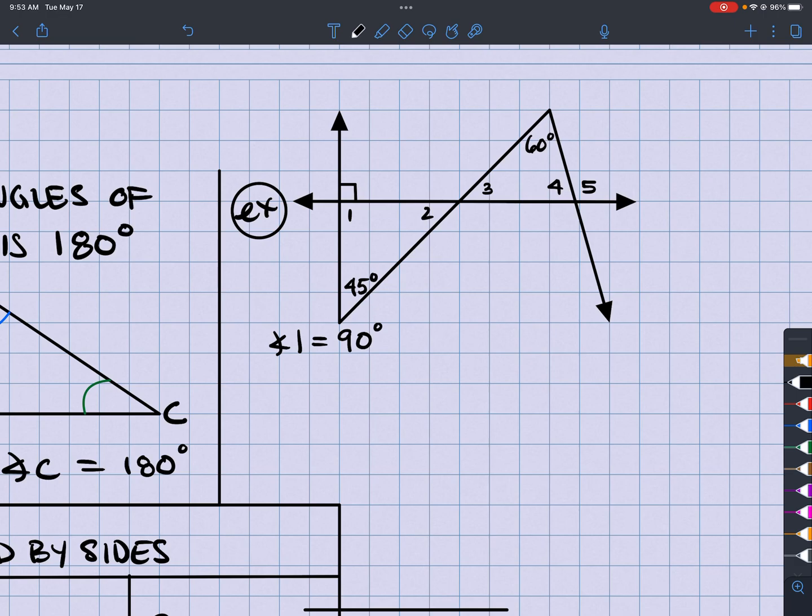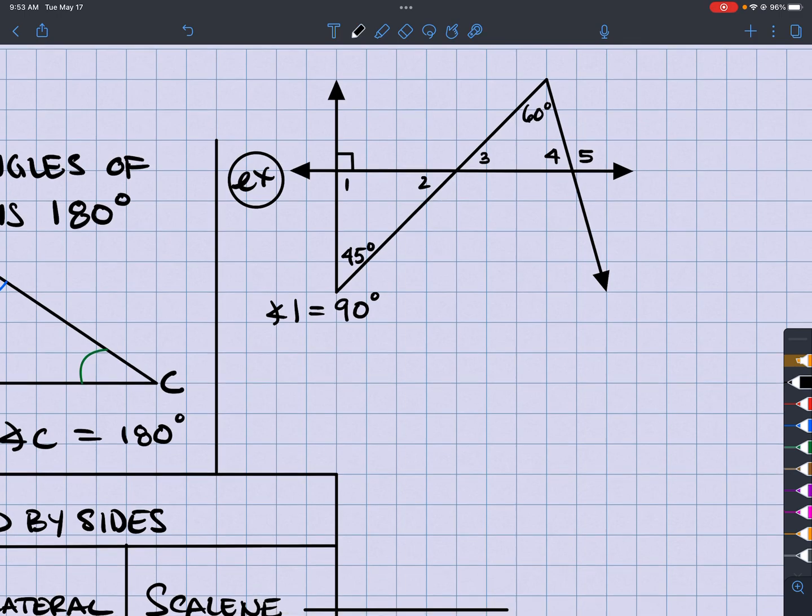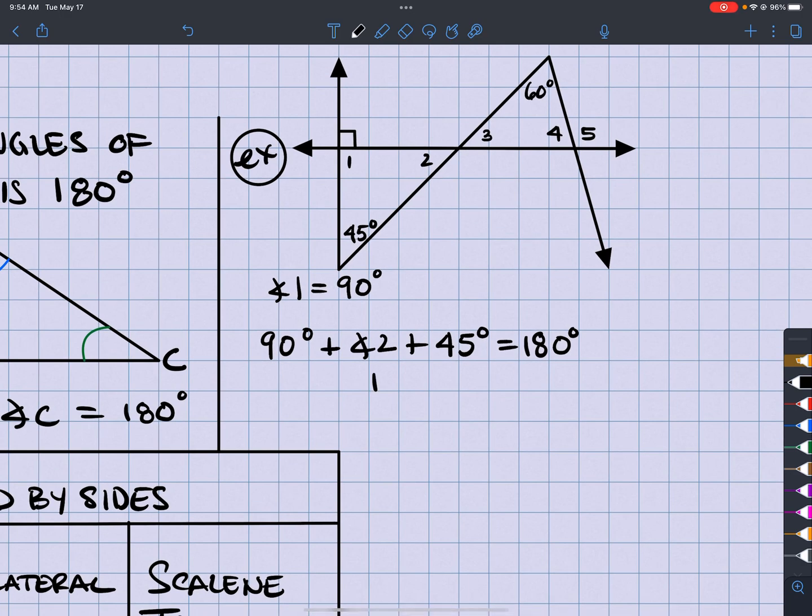Well, if angle 1 is equal to 90, then I can figure out what angle 2 is because the sum of the three angles of the triangle add up to 180. So angle 1, which is 90 degrees, plus angle 2, plus that 45 degrees, has to equal 180 degrees. So then I have, what is this? 135 degrees plus angle 2 is equal to 180.